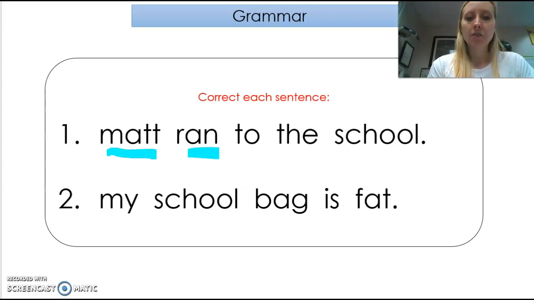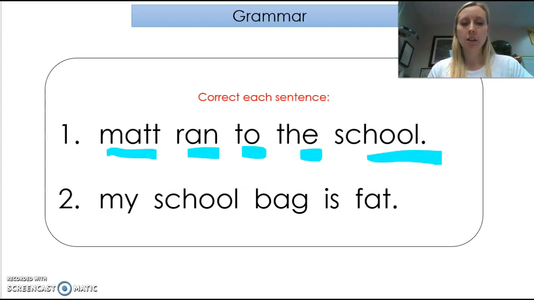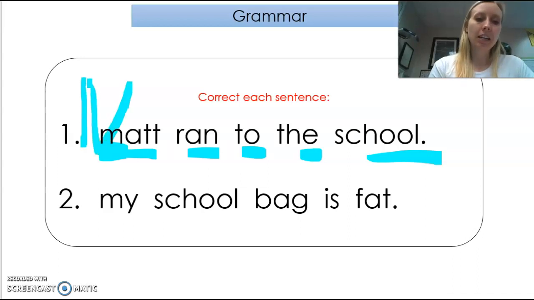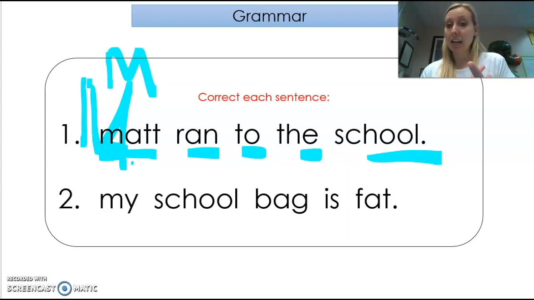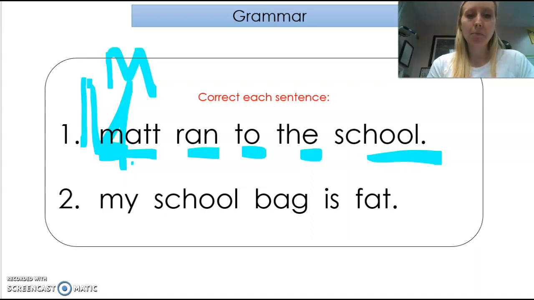This says, Matt ran to the school. So everyone put your finger under the capital. Think in your head, is that a capital letter? 3, 2, 1. No, we have to make it a capital M. Matt, and it's a name. It's the start of a sentence and it's a name, so it needs a capital.